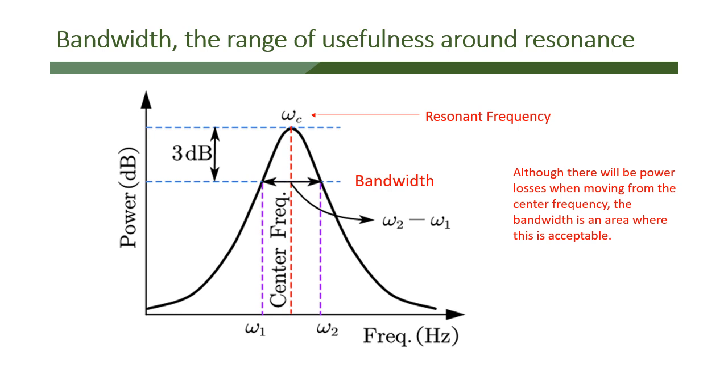Now, we have an antenna that's really maximized to work at one frequency, which we call the center frequency. And as we move away from the center frequency, the amount of power we can receive or transmit is lost to heat. Basically, it's not as efficient at radiating.